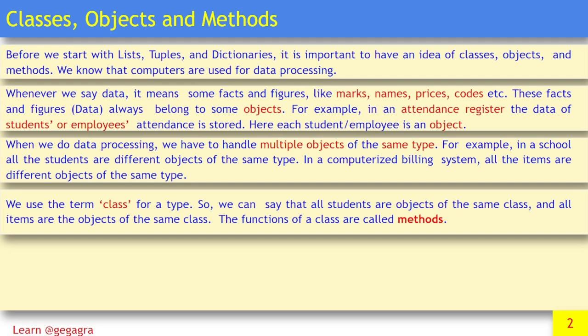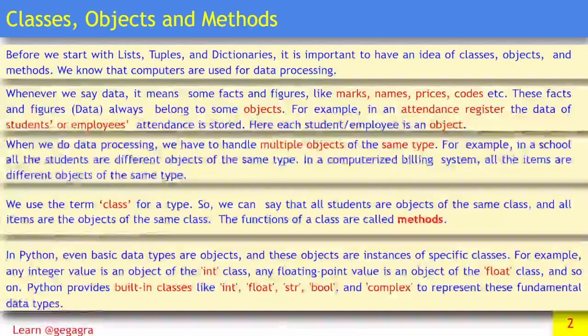The function of a class is called a method. Whichever functions are in the class are known as methods. So if multiple functions belong to the same class, those functions are termed methods.